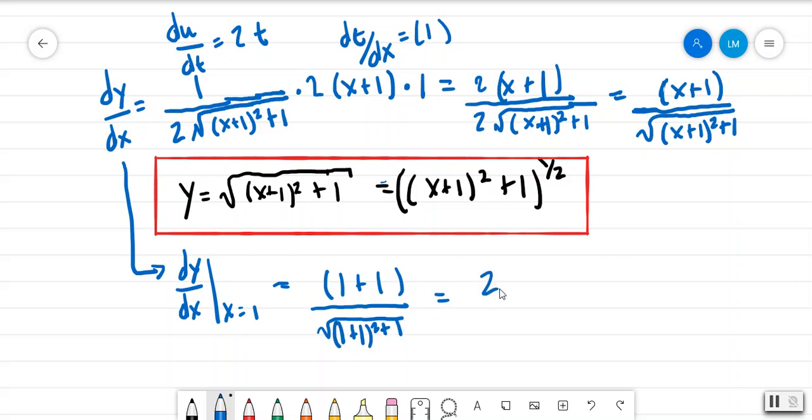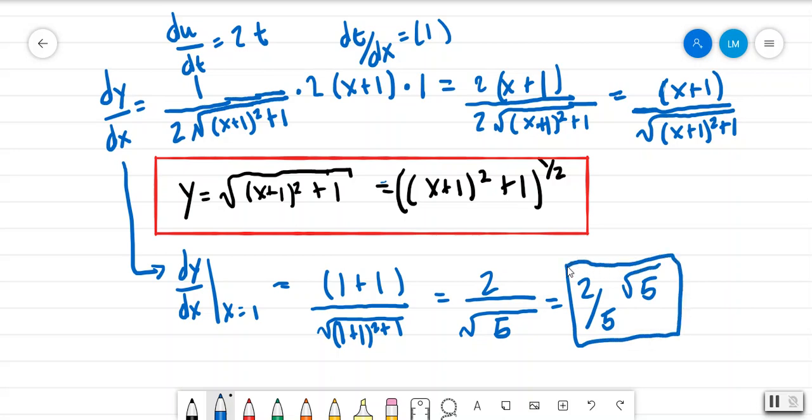Now this becomes 2 divided by the square root of, well, 1 plus 1 is 2, squared is 4, plus 1 is 5. So I have that this is 2 over the square root of 5.